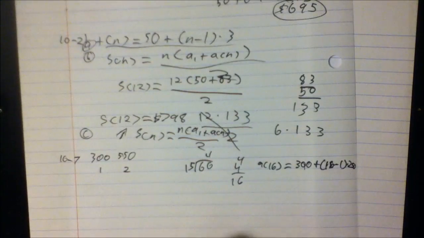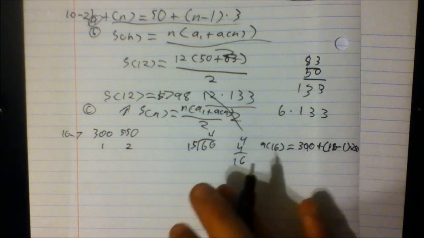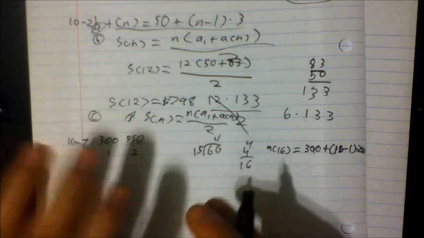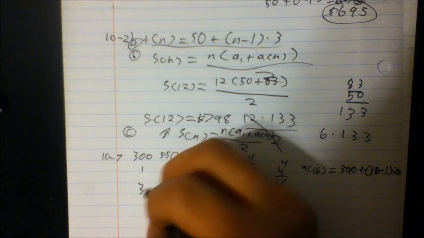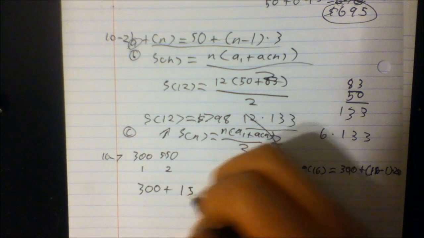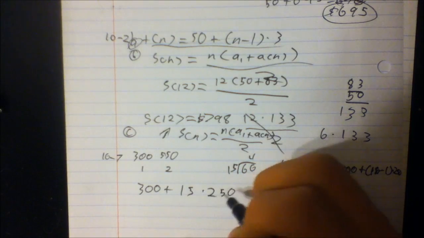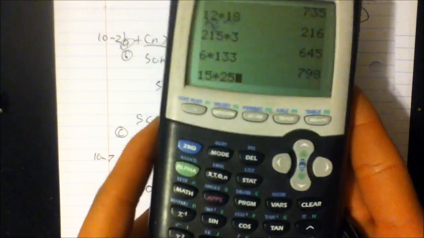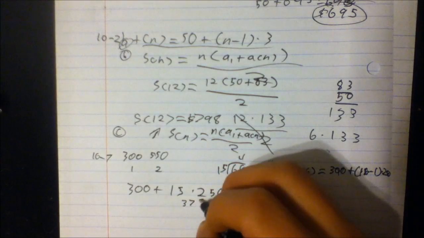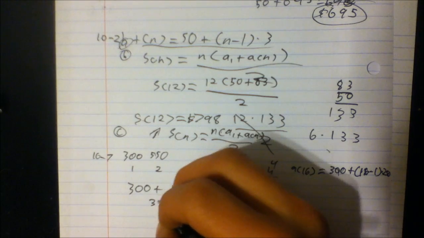That's going to be a big number. Now we just plug in all our values. So we get 300 plus 15 times 250. 15 times 250 is 3,750. So we have 3,750 plus 300.